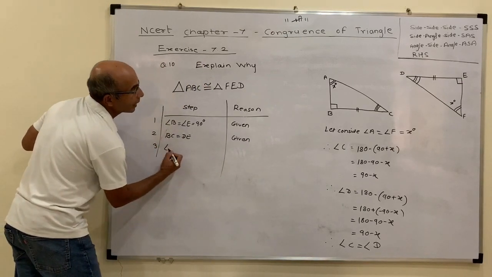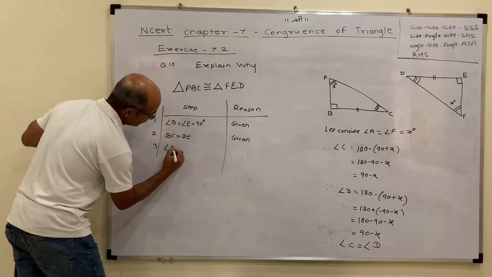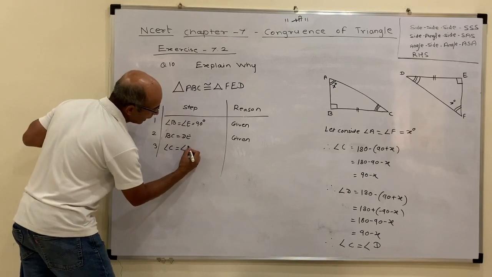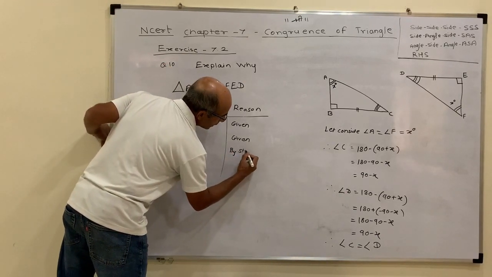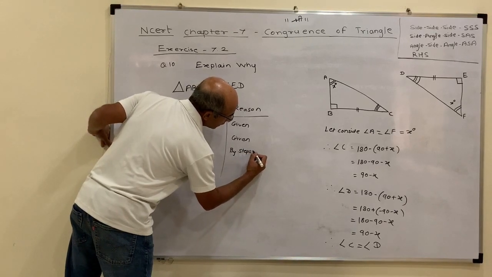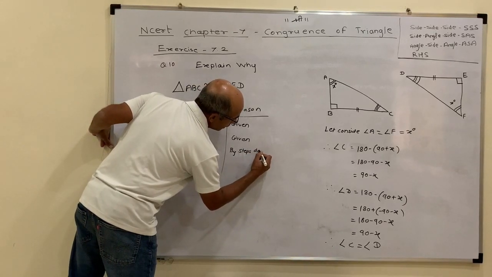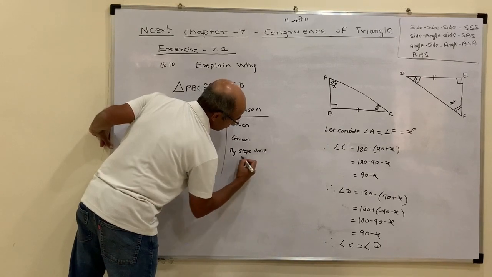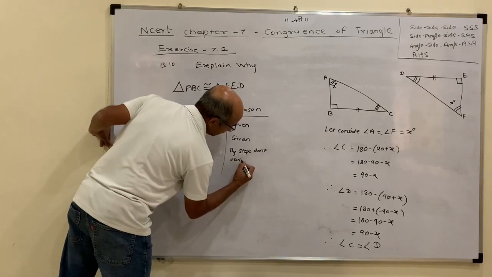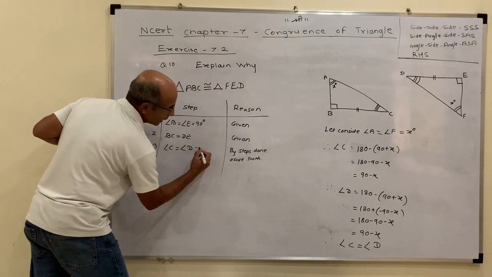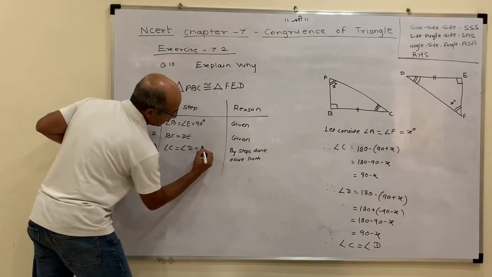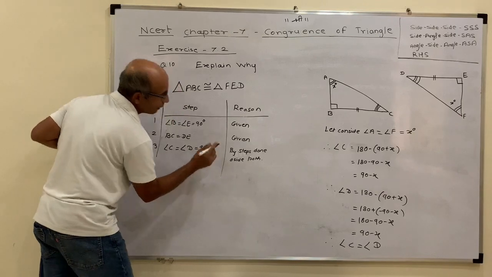Third, angle C equals angle D, by the calculations done, both angles equal 90 minus x, which we found out.